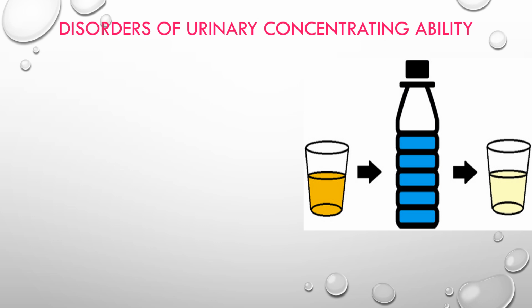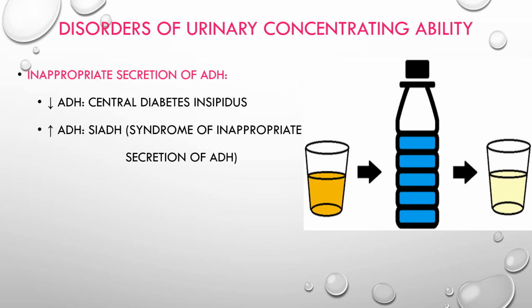Coming to the applied aspects, disorders of urinary concentrating ability. So inappropriate secretion of antidiuretic hormone. When there is decreased secretion or no secretion, it is called central diabetes insipidus.